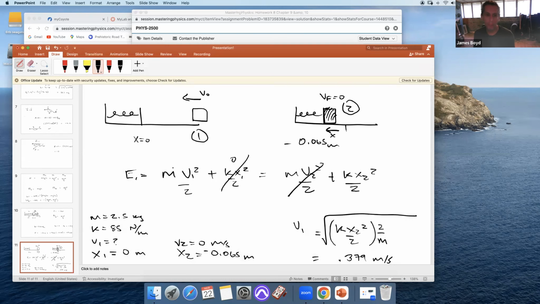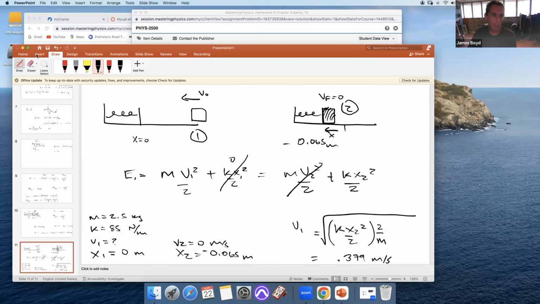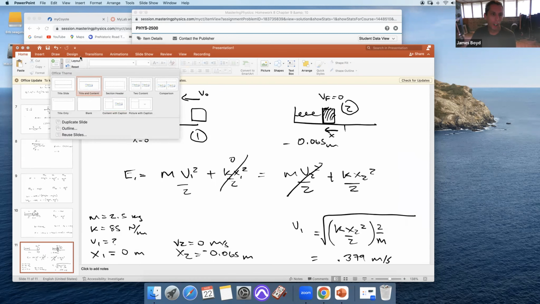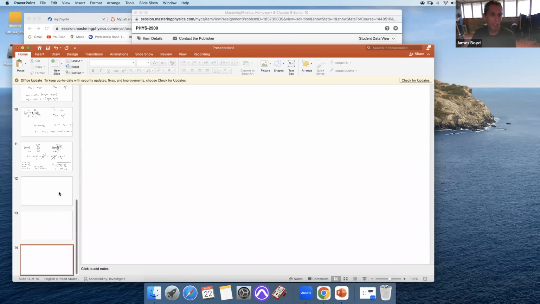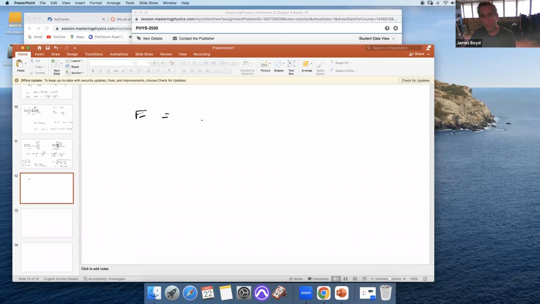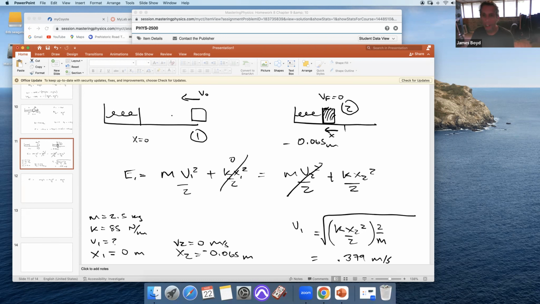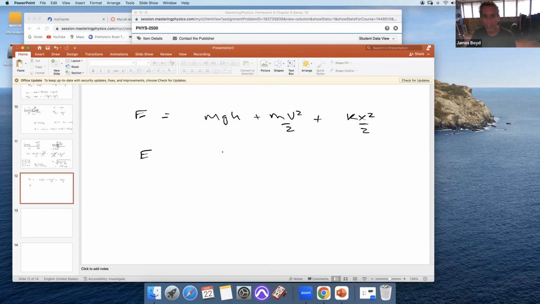All you have to do is write the energy. The energy at any time is mgh plus mv squared over 2 plus kx squared over 2. And then there's no height change, so you can get rid of the height terms.